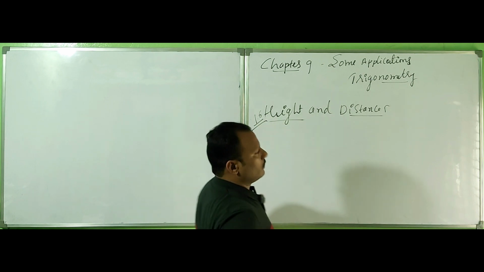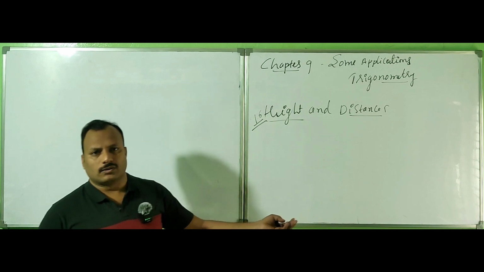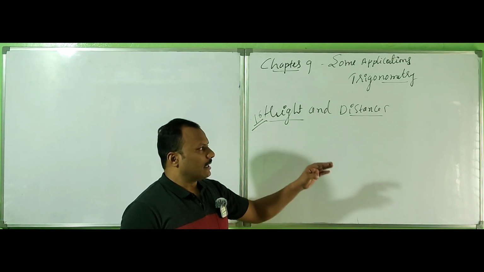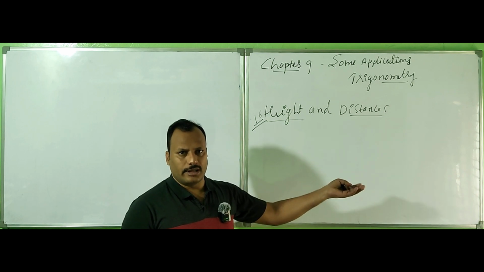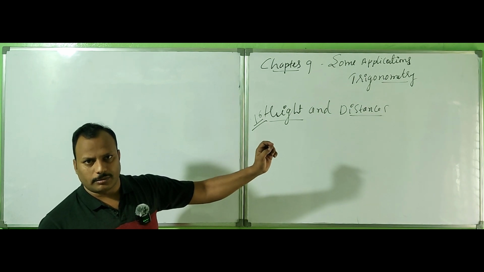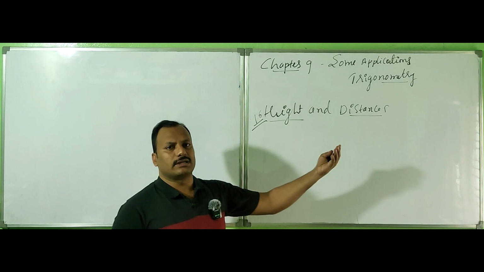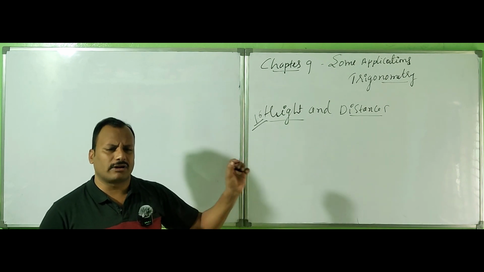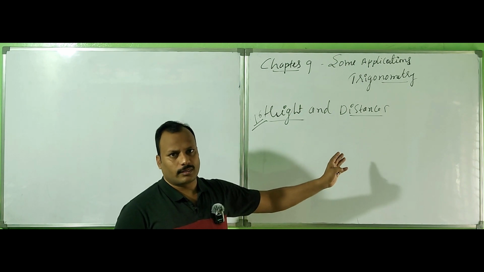Basic introduction: trigonometry is used day by day. For land surveys and drone surveys, the government uses trigonometric ratio applications every day to measure land. One thing to remember: wherever you have angles and want to measure a distance, height or width, trigonometry helps you a lot.